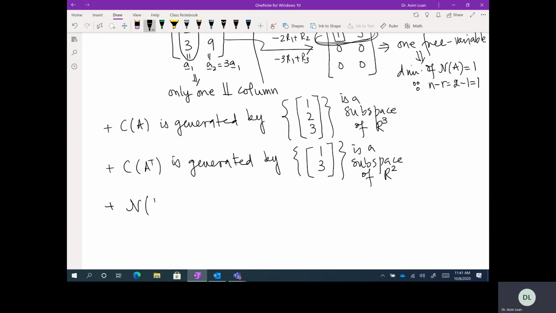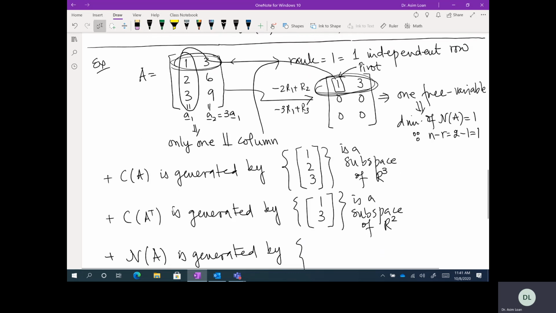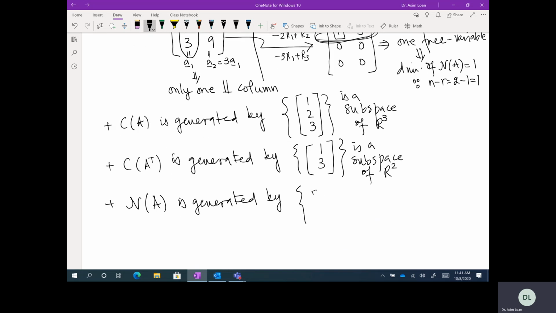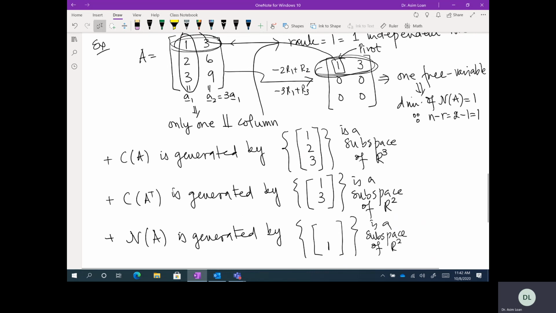The null space of A is generated by... So we have only one free variable, and that one free variable is 1 over here. It is a subspace of R2, and this 3 comes over here on the other side.